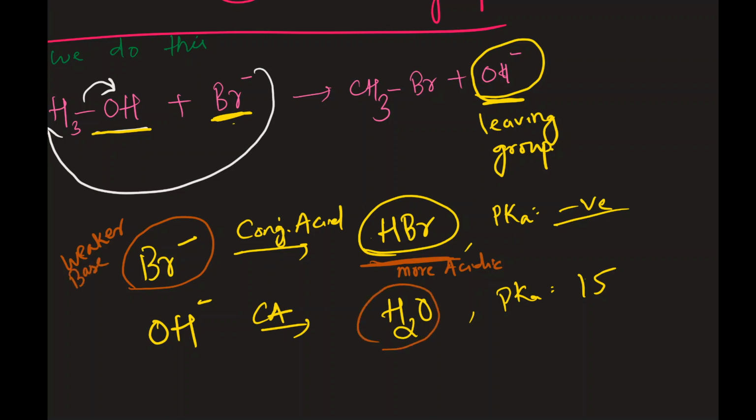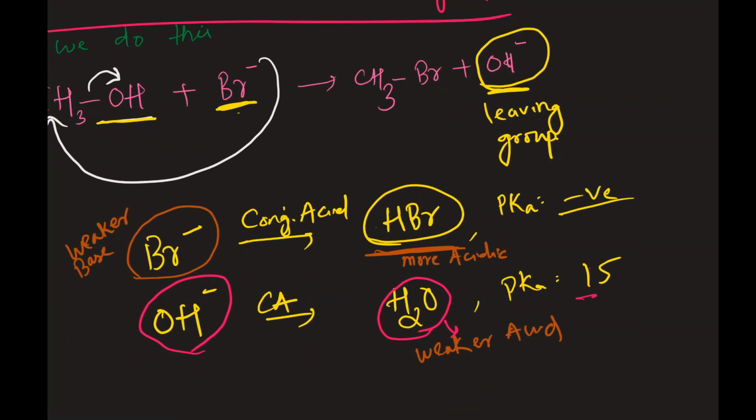H2O is a weaker acid because its pKa value is 15. Lower the pKa, higher the acidity. And our OH minus, which is the corresponding conjugate base, is going to be a stronger base.